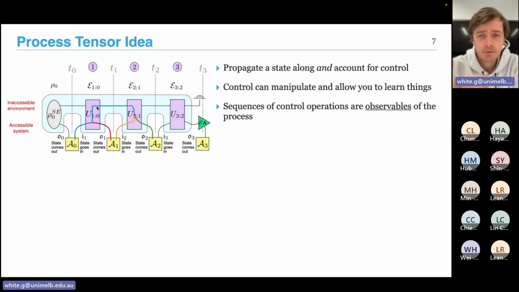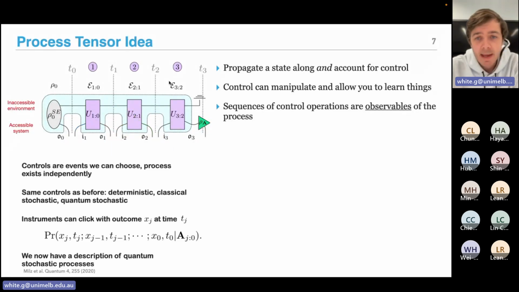So every time you apply a control operation, you learn something different about this quantum stochastic process. And in particular, we can imagine that sequences of control operations are actually observables of the process. So what that statement means is that there exists some underlying process, and every time you apply a sequence of control operations, you are learning something about that process, right? You're obtaining some information which is like an observable of that process.